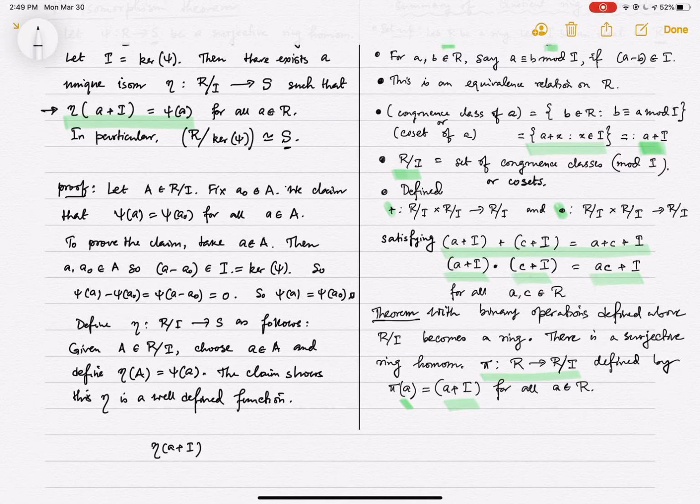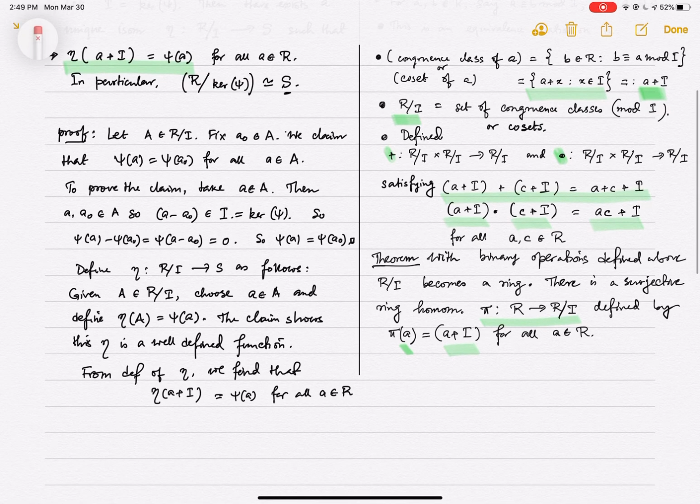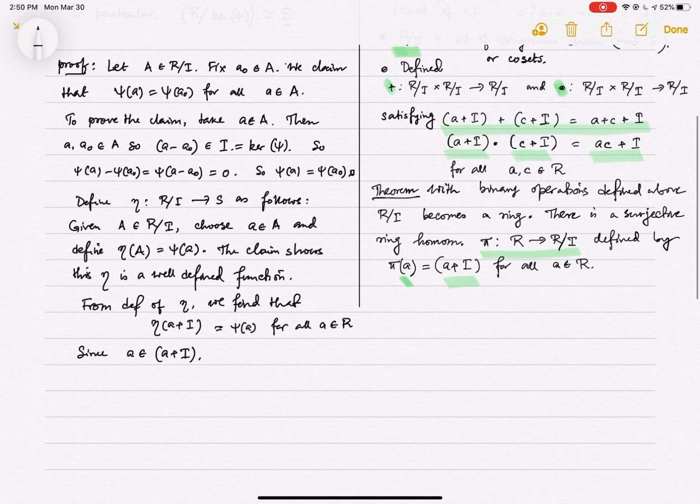And I know one element of such a coset, namely a. And once you have an element of the coset, you are supposed to apply psi to it. And that's eta of the coset. So from the definition of eta, we find that this is true for all a in R, since a is in the coset a plus I. Okay. That's the crux of the matter.